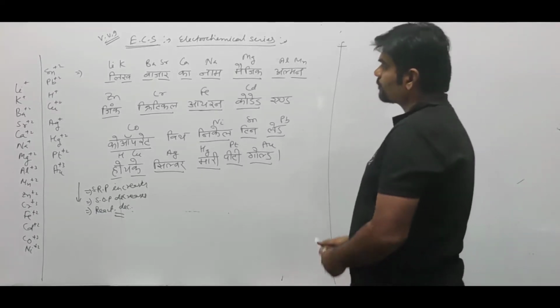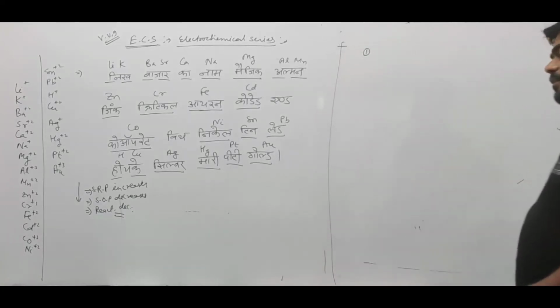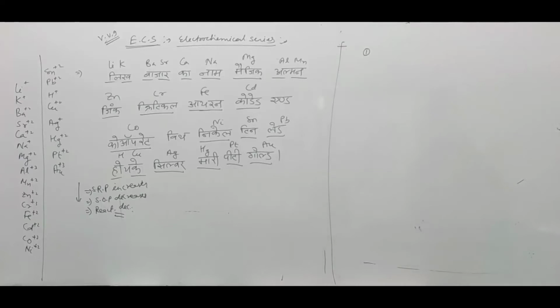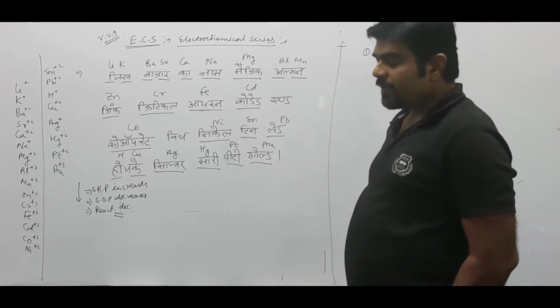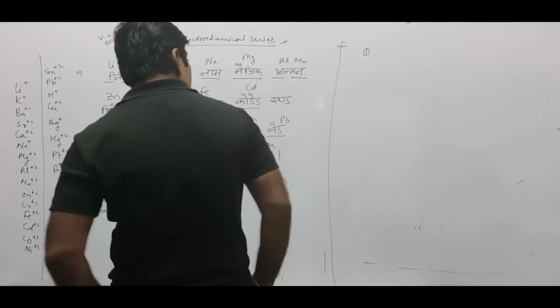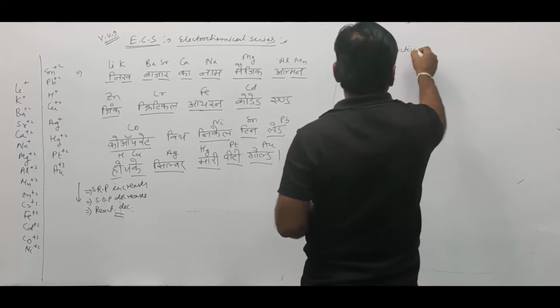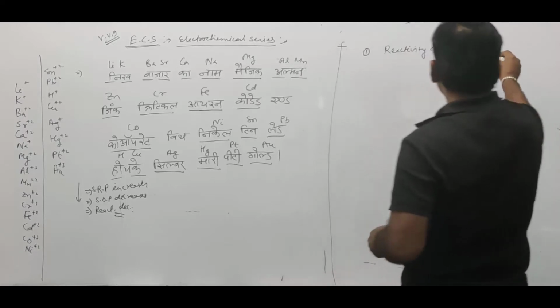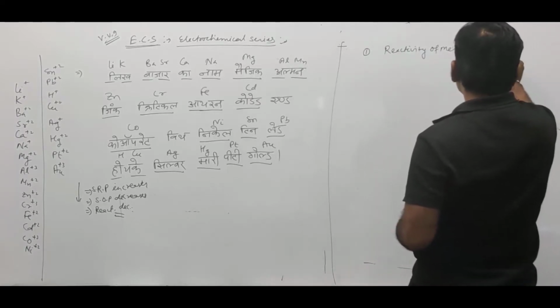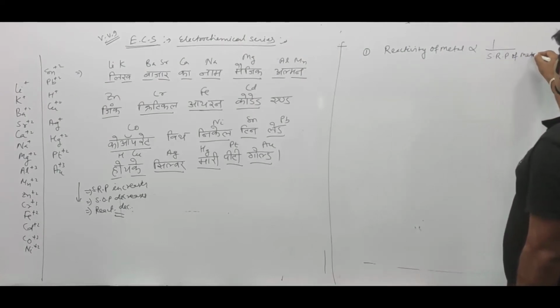First, to explain reactivity of metals. The reactivity of a metal is inversely proportional to the SRP value of metal ions.